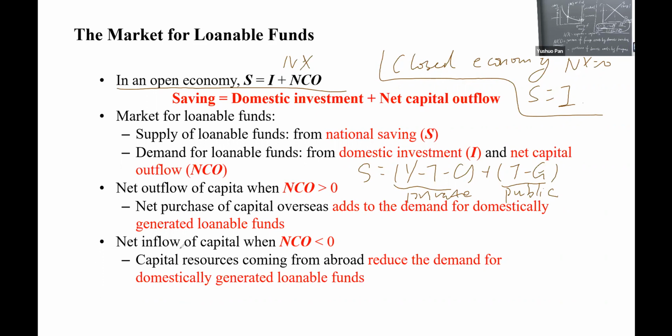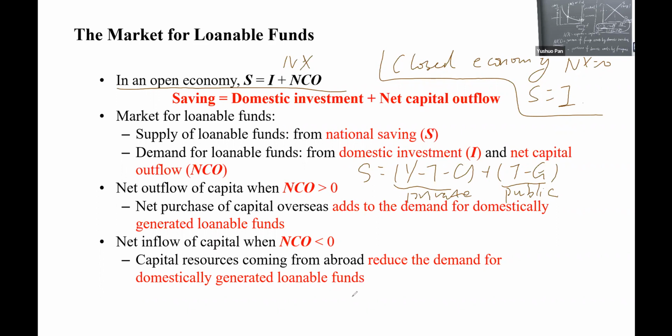So that's what this sentence means. And for the net inflow of capital, when the NCO is smaller than zero, the purchase of domestic assets by foreigners is bigger than the foreign assets held by domestic residents, right? So the capital coming from abroad will reduce the demand for domestically generated loanable funds.